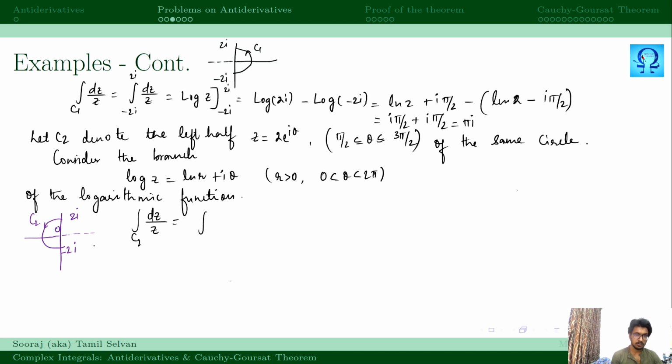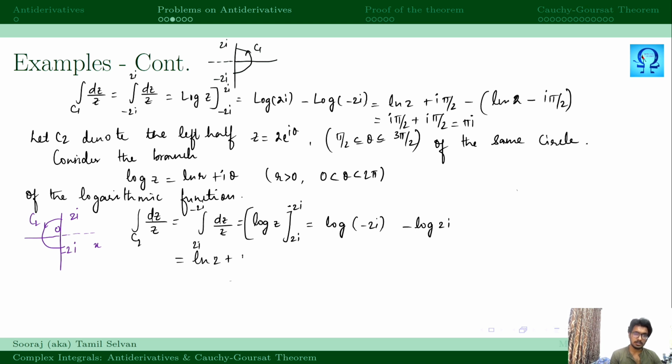Plugging in this information, it is the integral from 2i to minus 2i of dz upon z, which is log of minus 2i minus log 2i. Let us find the values.